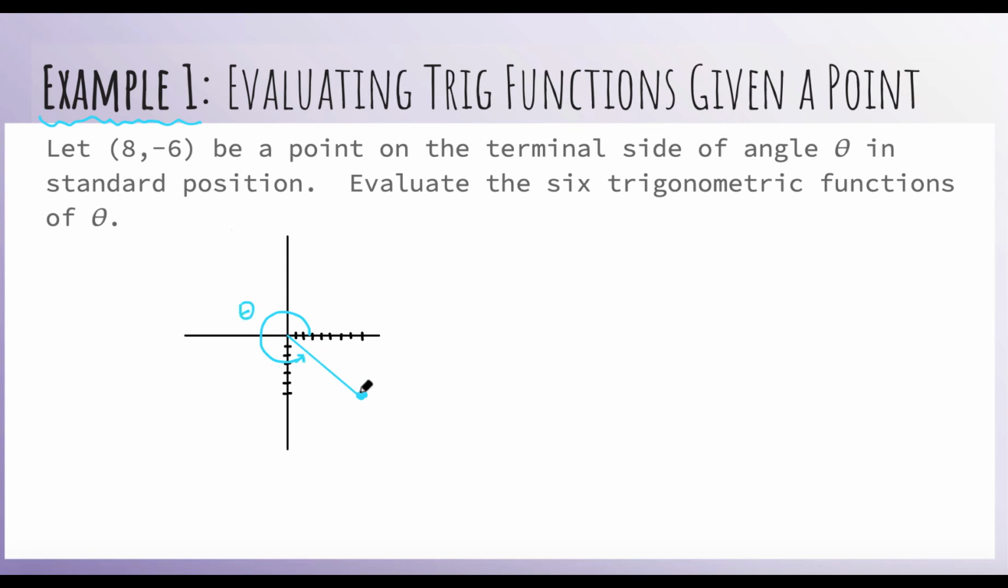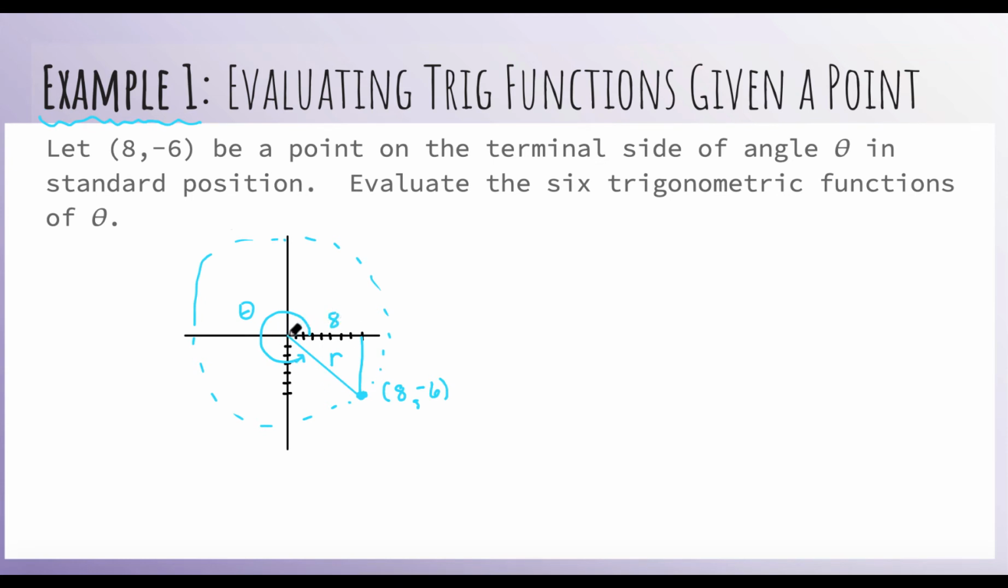This is actually a circle, so imagine there's a circle going around like this, and this is the point on that circle. Let's label this point (8, -6). Now the missing piece, the piece that we don't know, is r. So what's the radius of the circle? We could draw a triangle here, and we know the length of this side of the triangle is our x value, 8.